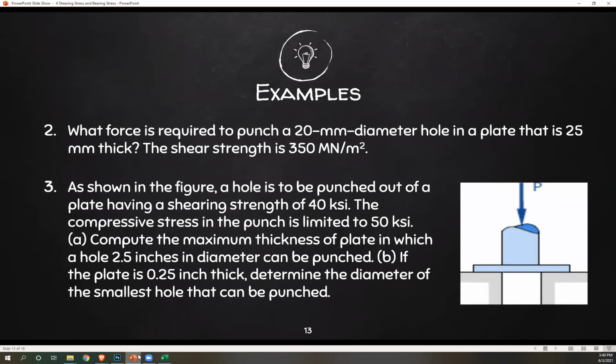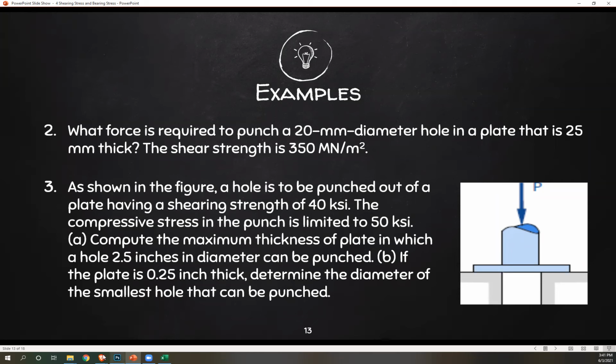Letter B, if the plate is 0.25 inches thick, determine the diameter of the smallest hole that can be punched. So basically, we're given again limitations for the stress in the plate, and we also have an additional limitation for the compressive stress in your punch. And what we're looking for are dimensions.